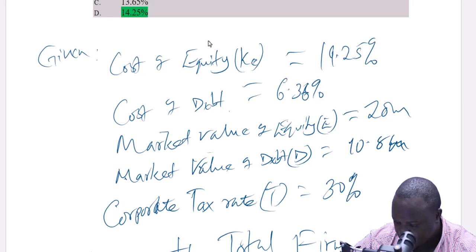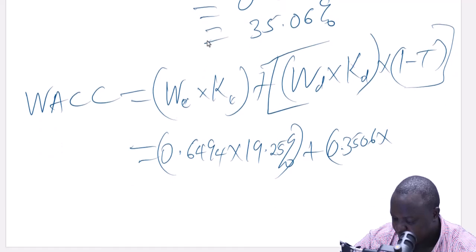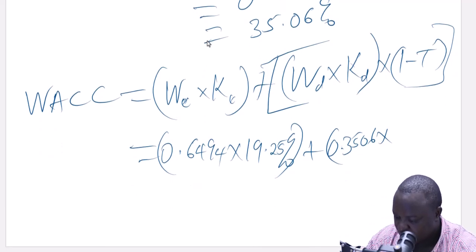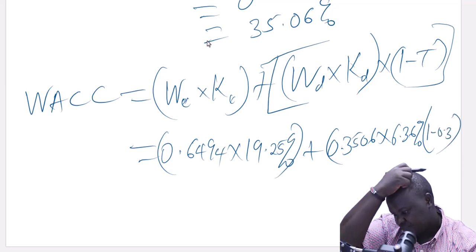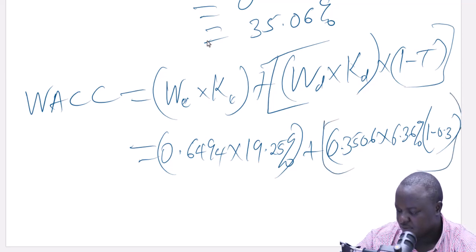We got it to be 6.36% in brackets, 1 minus 0.3. So you have that.